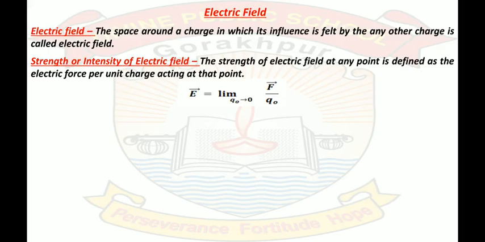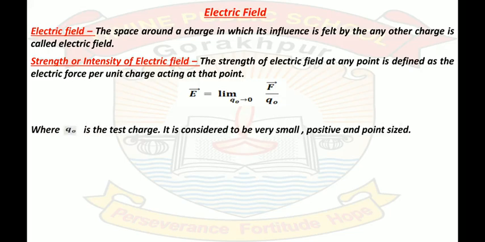Because the test charge, which is Q naught, is actually considered to be very small, positive and point sized. Why is it so? Let me clarify. The test charge is taken of very small magnitude so that Q naught does not disturb the configuration of electric field due to the source charge.